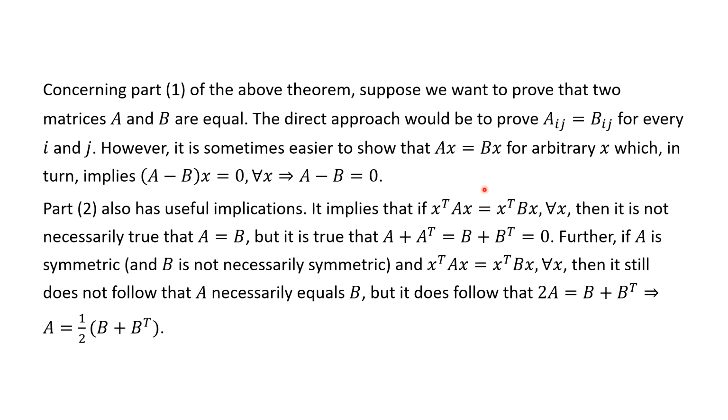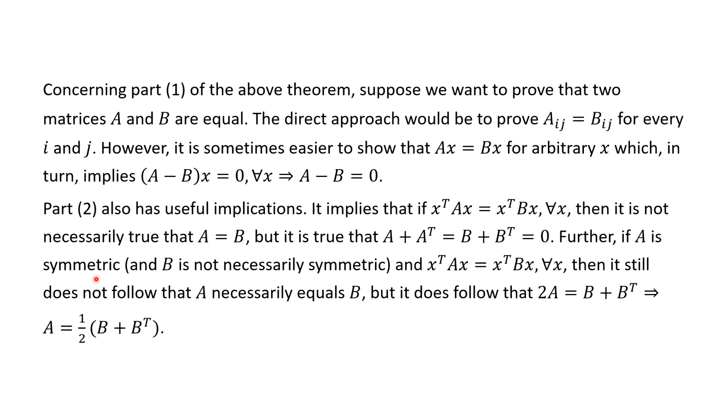Then from part 2, with a little bit of algebra, we get that A plus A transpose equals B plus B transpose. You need to do a little bit of calculation to get that from part 2. I'll leave that as an exercise.